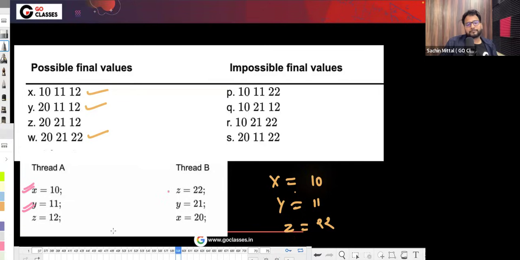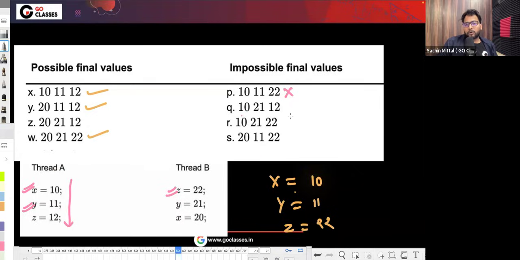You want to keep this. If you want to keep this, you have to execute this completely, right? And then only you can execute this. Basically, you have to execute this thread first, and then you have to run this. The moment you run this completely, you cannot keep this x and y. So that's why it is impossible. Okay.